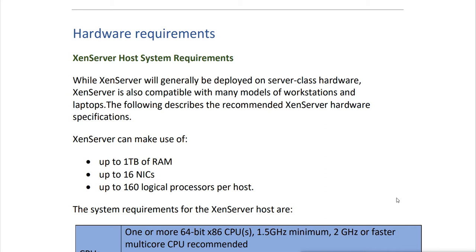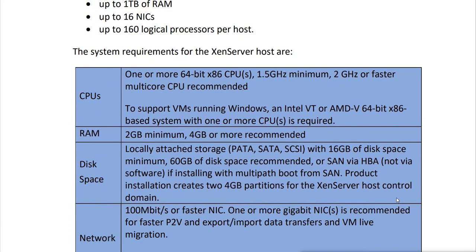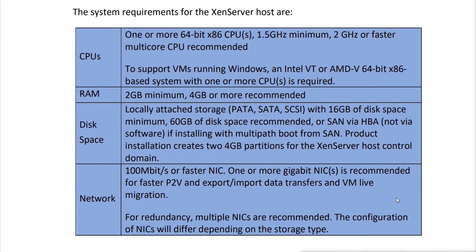But what is the minimum requirement it can have? First, the CPU: one or more 64-bit x86 CPUs with 1.5 GHz minimum. So it can run on a single CPU or many, with 1.5 GHz minimum, and also 64-bit. But if you have a 2 GHz or faster multi-core CPU, that is good, that is recommended.